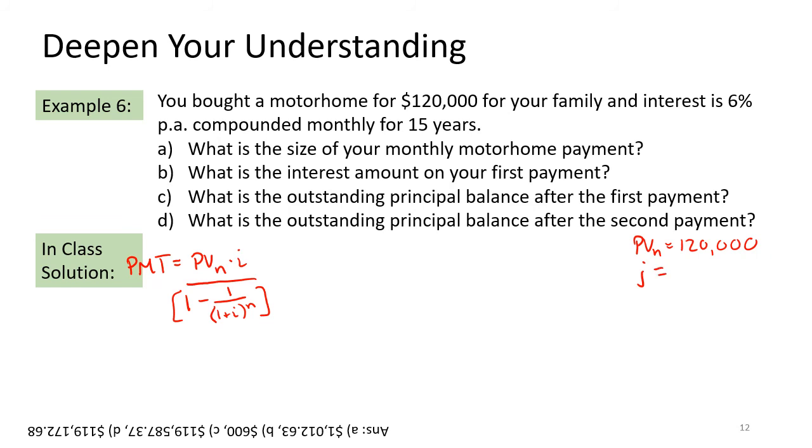Your nominal interest rate, J, is 6%, which is 6 divided by 100, removing the percentage sign, or 0.06. M in this case, again, is monthly.